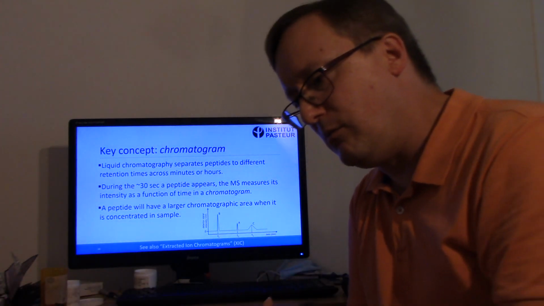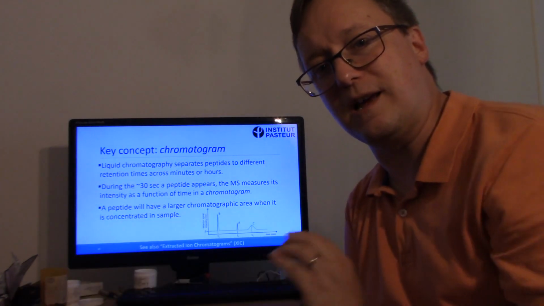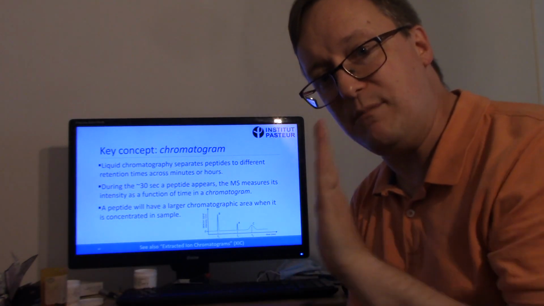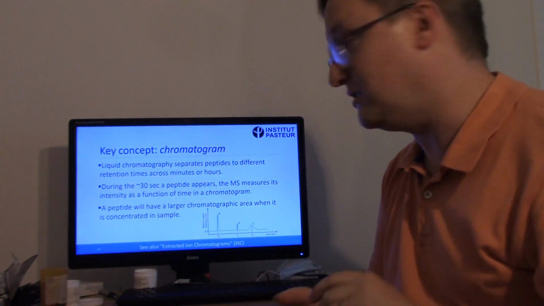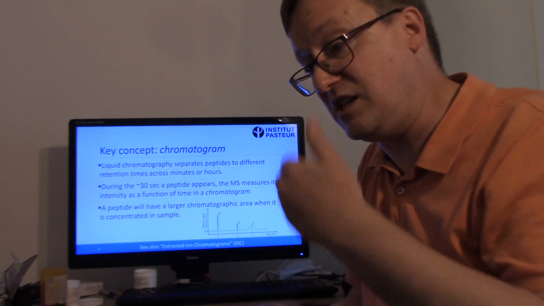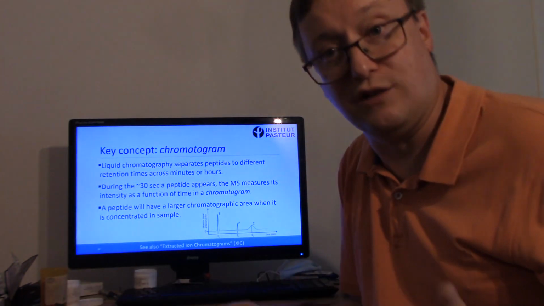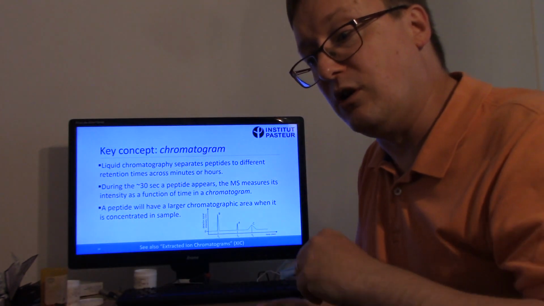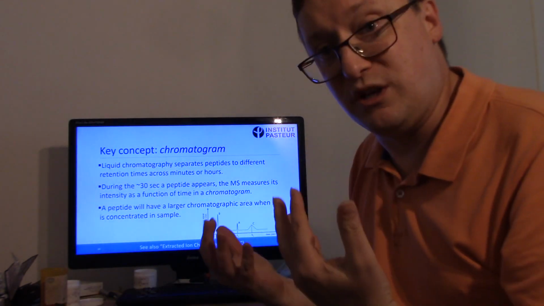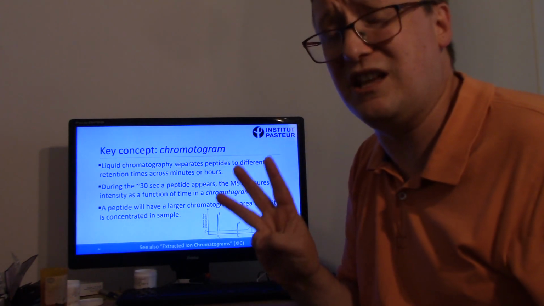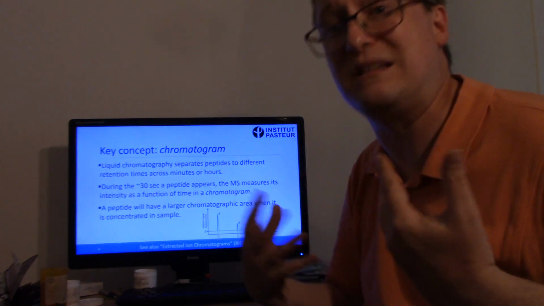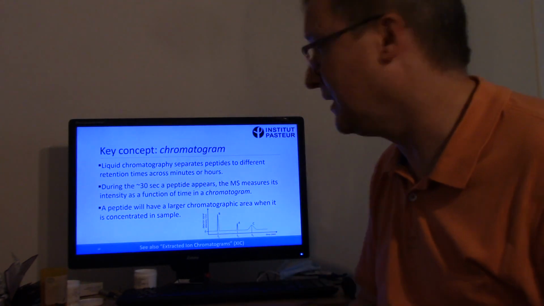So if that all takes place within 30 seconds, we have to ask, how are the MS scans spaced across that chromatogram? If you've got just 3 mass spectra collected during this interval of 30 seconds, your measurement on the intact peptide ion comes in just 3 shots, and that's not a very good way to estimate how much of this thing there is.